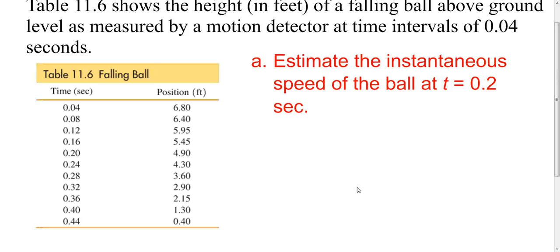Okay. So the first thing says to estimate the instantaneous speed of the ball at t equals 0.2 seconds. One thing you can do is realize that 0.2 seconds is the midpoint between 0.16 seconds and 0.24 seconds.